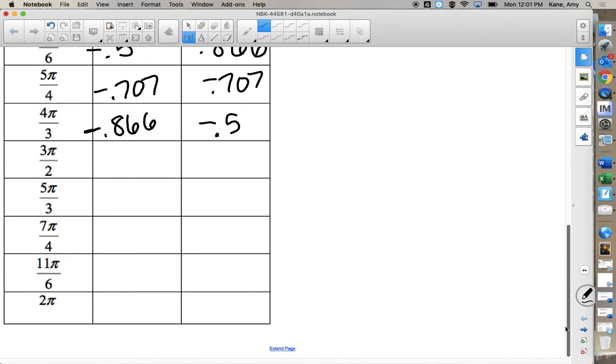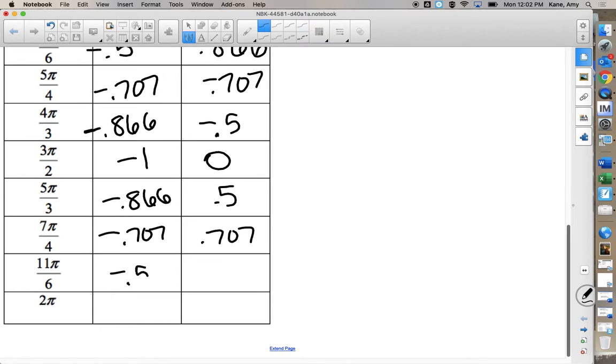Excellent. So our sine should be negative, and the cosine is positive. And then you're back at the full circle when we get to 2 pi.